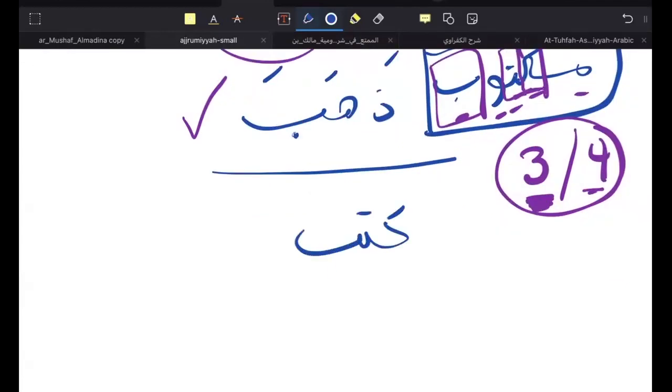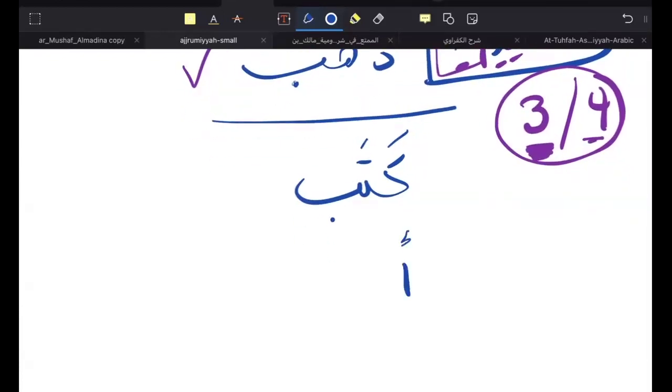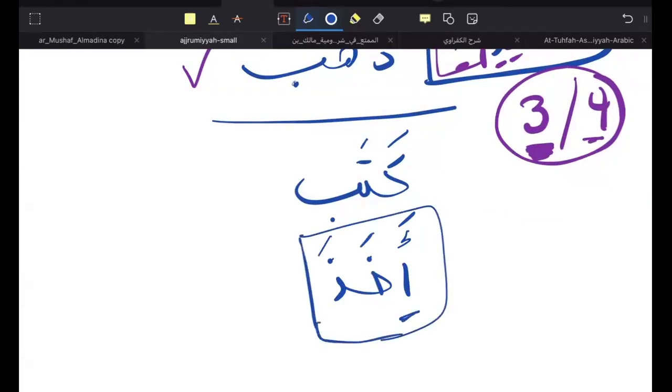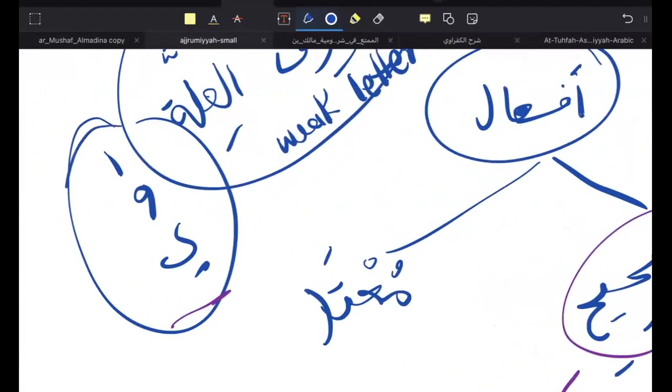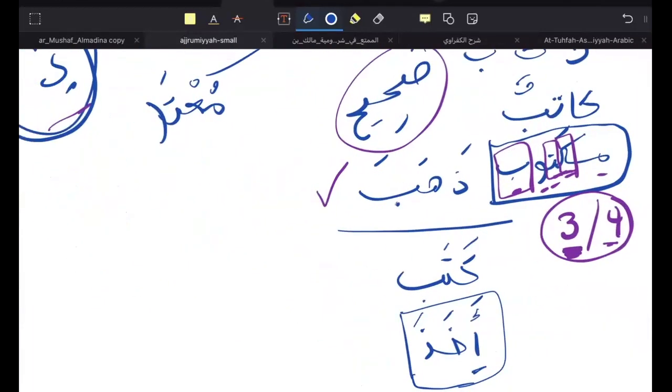So this would be all sahih. But what if you have akhada? We have a hamza here. Is it sahih? I have a no and yes. All you have to do, guys, is go back to these 3 letters. If it's not alif, it's not waw, it's not ya, it will still be considered sahih.